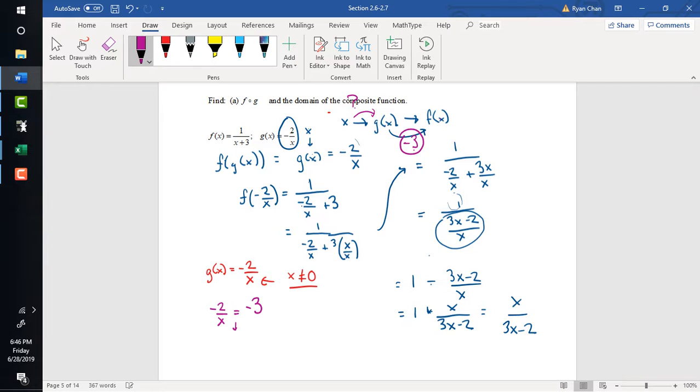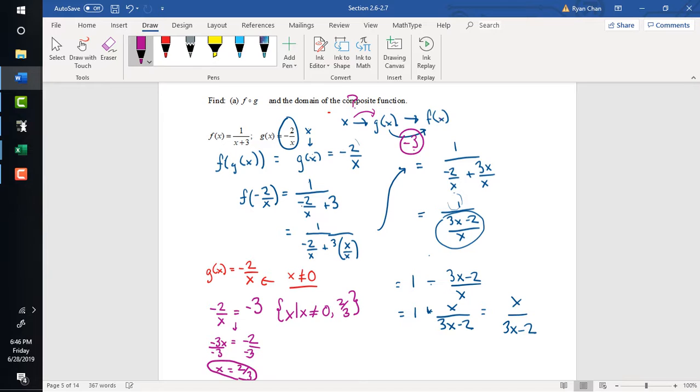I'm going to cross multiply. This is negative 3x equals negative 2, divided by negative 3, and I have x equal to 2/3. So my answer is x such that x cannot equal 0 and 2/3.